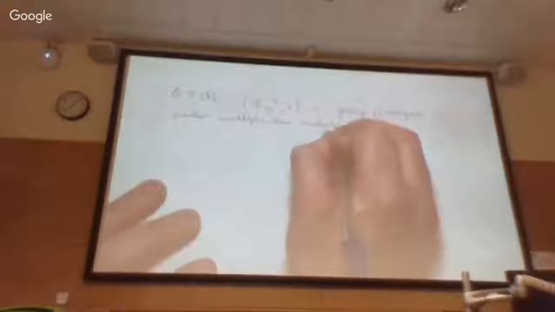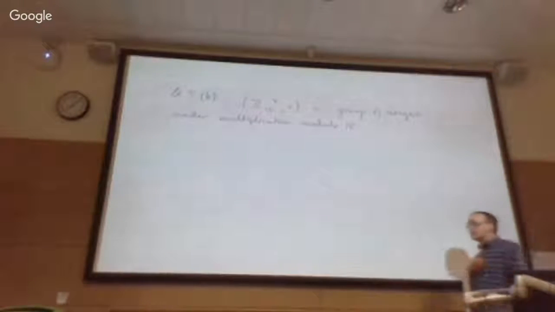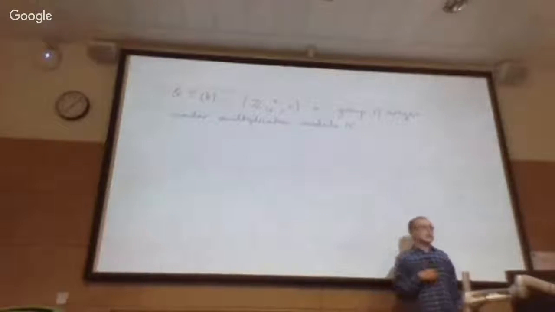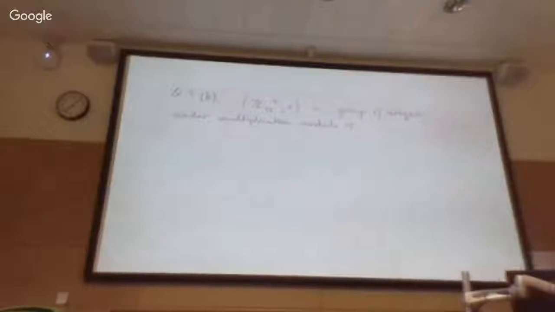Okay, so it's not a normal multiplication, but multiplication modulo 15. Now we explained when we looked at these that when you're considering integers modulo 15, you only need to consider the integers 0 through 14, because every other integer is going to be equivalent or congruent to one of those.